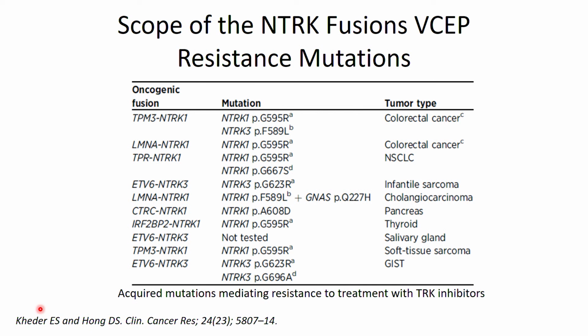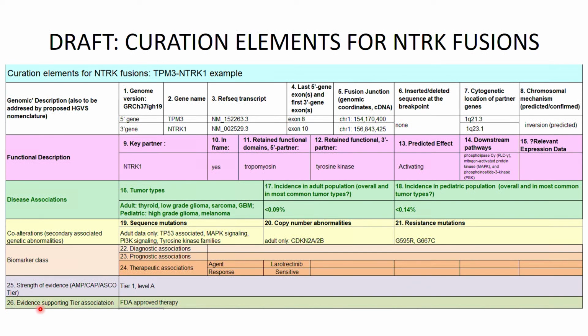In addition, there are also resistance mutations that have been described after treatment with inhibitors in these NTRK fusions, so we are probably going to include that in the scope of our expert panel as well. We are early in the process, but we have started defining curation data, curation elements, and curation protocols for NTRK fusions. So that is one of the new ongoing initiatives within the Pediatric Task Force.